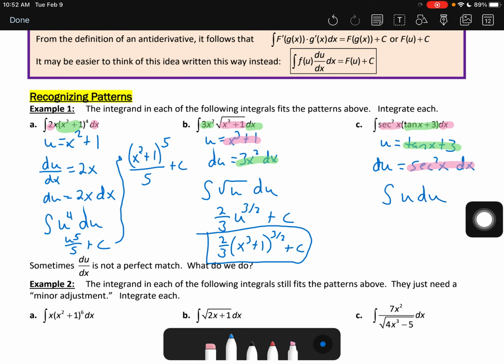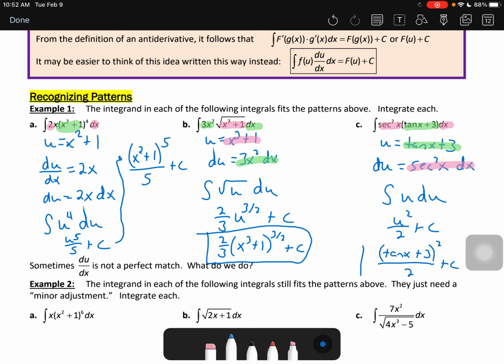That's it, easy. My variable is u, so that's u squared over 2 when I integrate it, plus c. And then I just plug back in terms of x. u is tangent of x plus 3, so I have tangent of x plus 3 squared over 2 plus c. That's it.